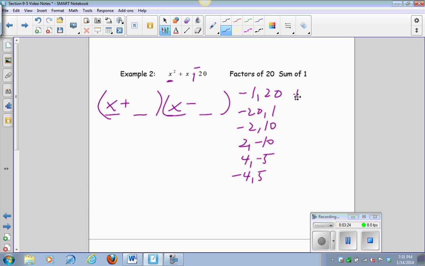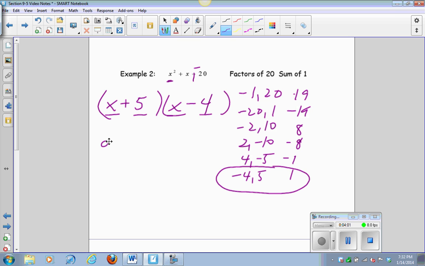And if I calculate the sums, I get 19, negative 19, 8, negative 8, negative 1, and 1. So you can tell that when I move the negative sign to either factor, the sum is the same, only the sign of the sum changes. So if I want a positive 1, this last pair would work. I would have a negative 4 and a positive 5. So I'm going to put the 5 after the addition sign and the 4 after the subtraction sign.